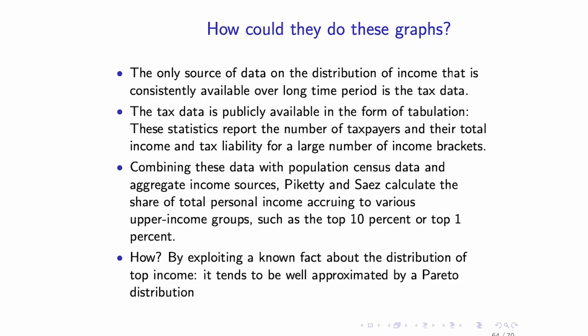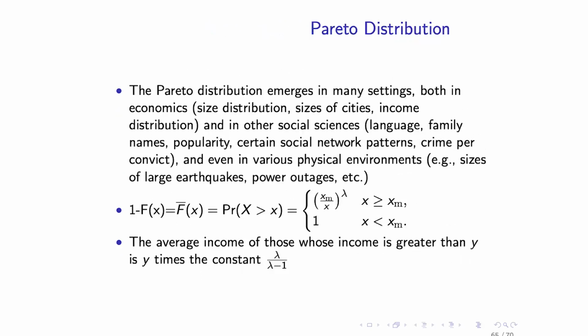How do they do that? They exploit a known fact about the distribution of top incomes, which we can actually verify in the data: it tends to be well approximated by a Pareto distribution. What's a Pareto distribution?